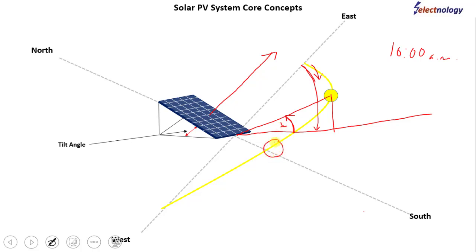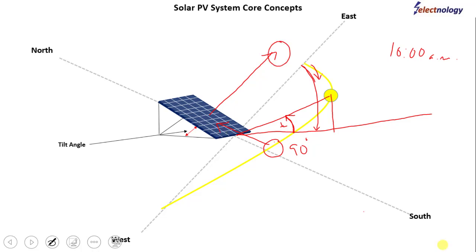Its horizontal angle will be 90° with respect to east, and its tilt angle has also increased because the sun is rising, so its tilt angle with respect to the horizontal surface on earth is also increasing. Now at this point the sun is throwing its light over it, and the solar panel is receiving more light from the sun, so it shall produce more power.